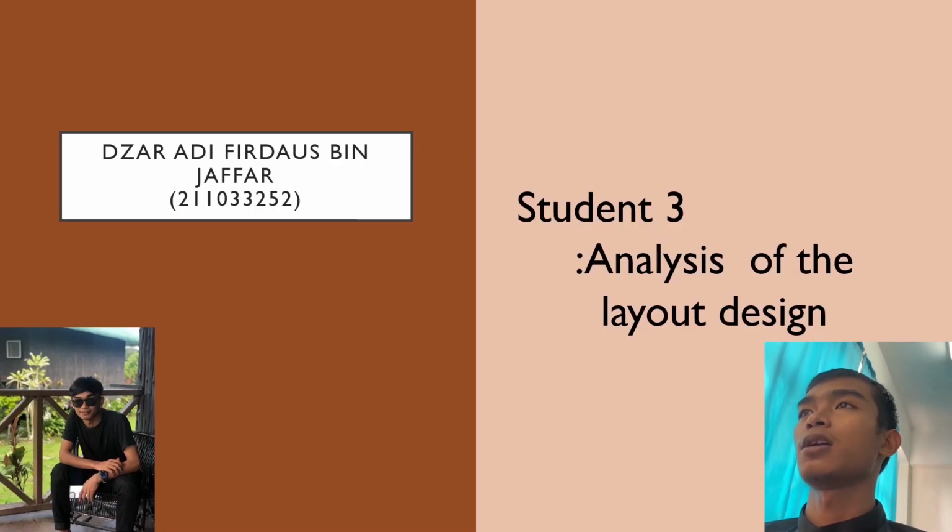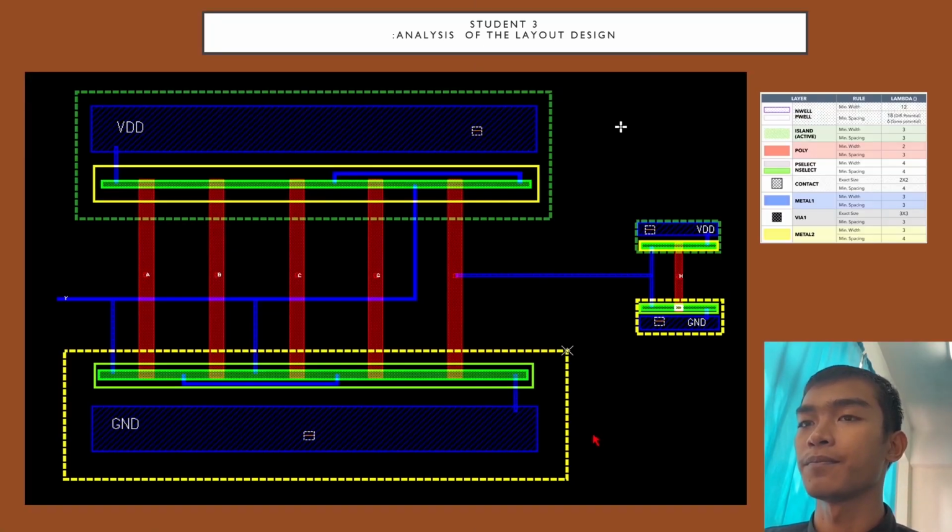Hello, my name is Diza Adi Firdaus bin Jafar. My matric number is 211033252. I am doing analysis of layout design. Okay, this is our layout.